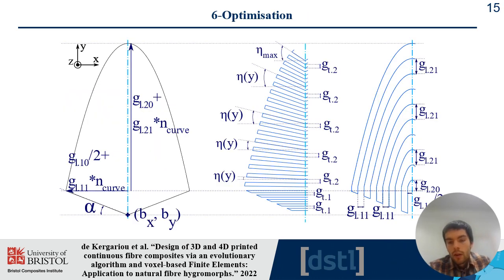So as I said at the beginning, one of the objectives of this project was also to try to put this kind of modeling system in an optimization loop. So we wanted to consider a genetic algorithm for our optimization. In order to do this, we wanted to create a parameterization of the entire G-code. Basically, all the parameters that you see on this slide are capable of defining entirely the printing path of the structures.